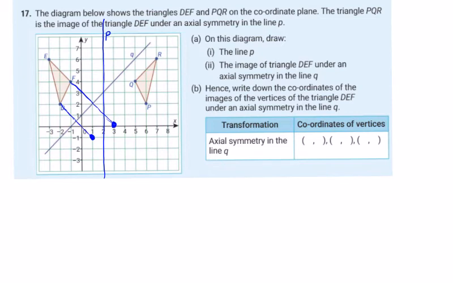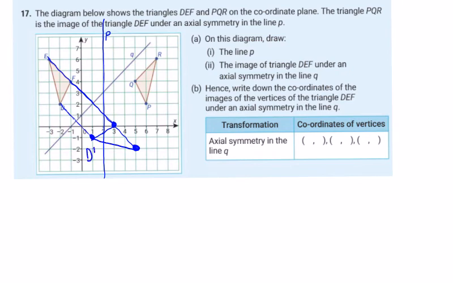And my E, if I just connect these, where's my E going to be? My E is going to be across 4 and down 1. So it looks like E is going to get to here. Let me just double check that. So yeah, it's actually in line, E and F here, so it does bring me down to there. So this is the image of triangle DEF.